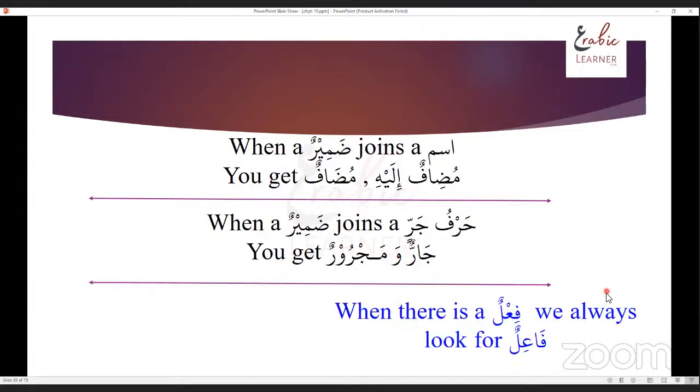You know this already. And there is something that you learned yesterday. When there is a fail, we always look for the faa'il for each pronoun. And what is that? Dhahaba, dhahabat, dhahabta, dhahabtu, dhahabna. All these are this.